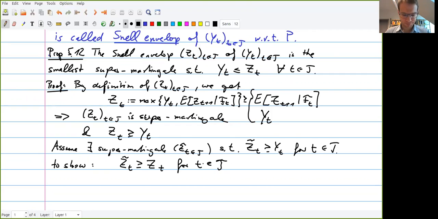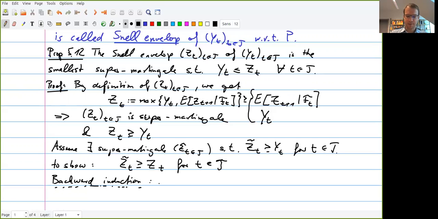Okay. How can we do this? Let's perform a backward induction. Why do we want to do a backward induction?